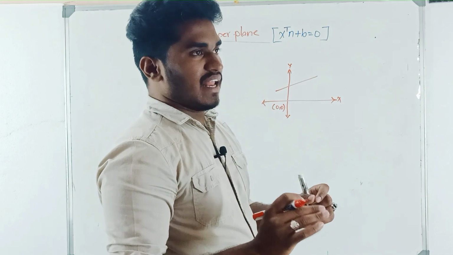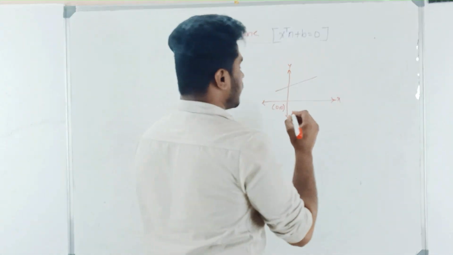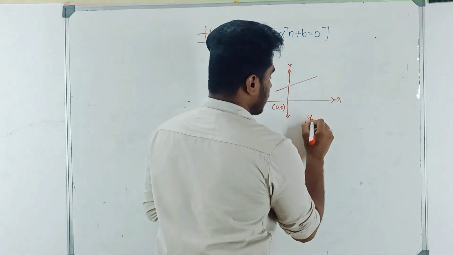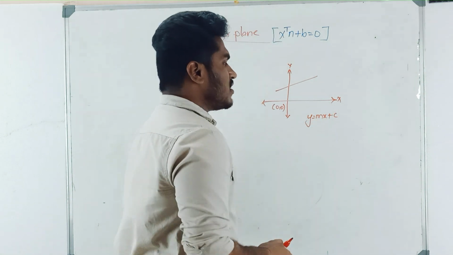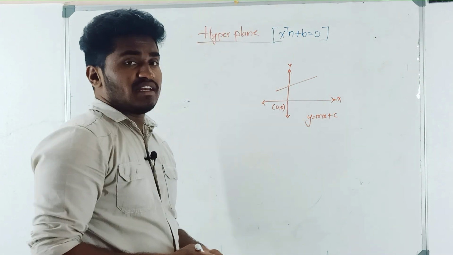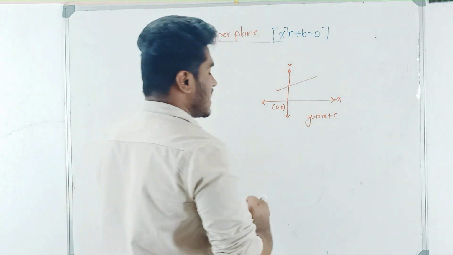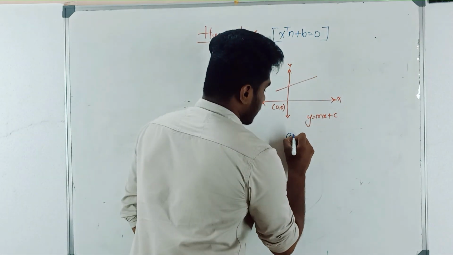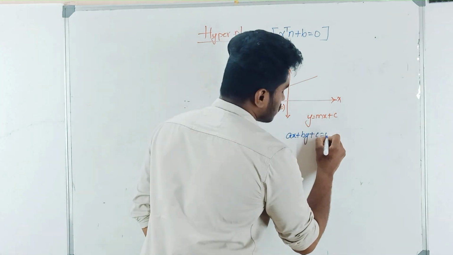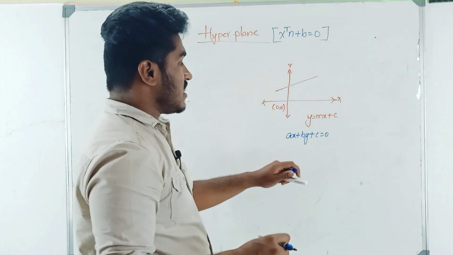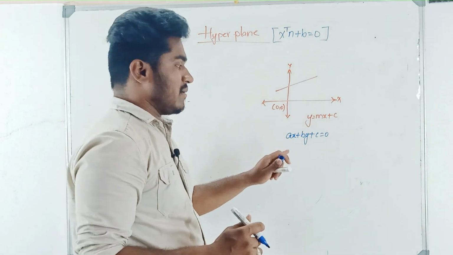Equation of the line: in slope intercept form, we write this equation as y equals mx plus c, right? In general, the equation of the line is represented as ax plus by plus c equals 0. This is the equation of the line in two-dimensional geometry.